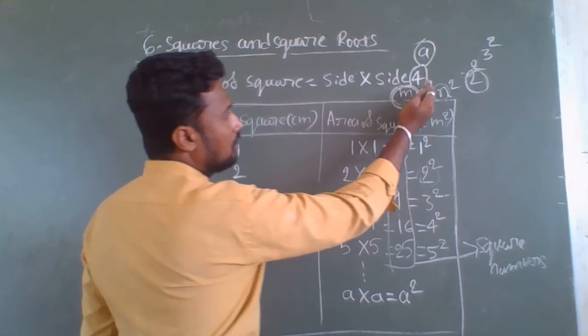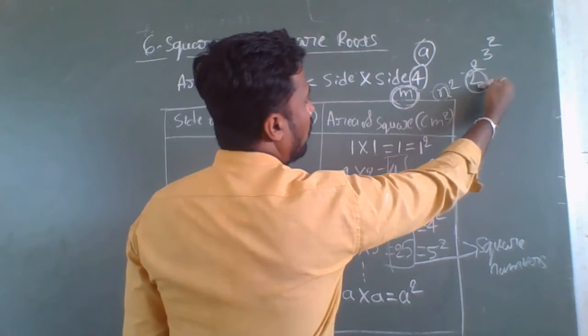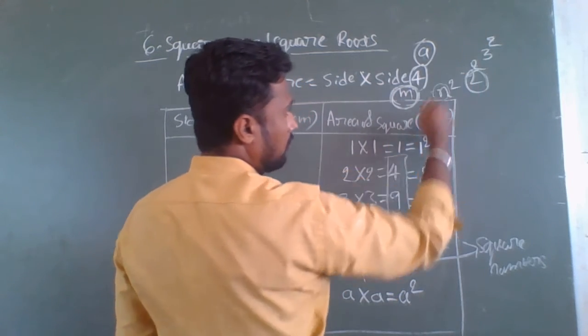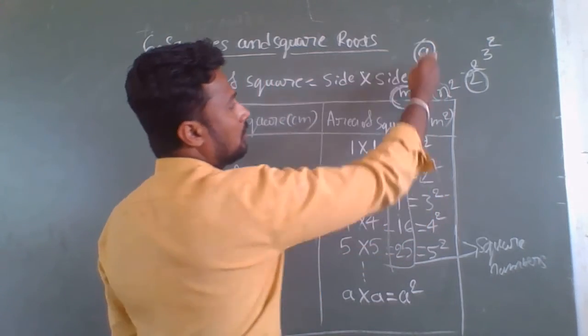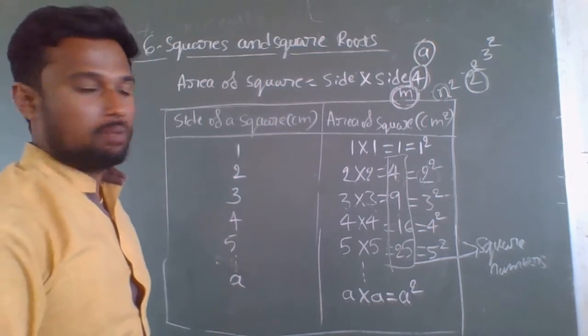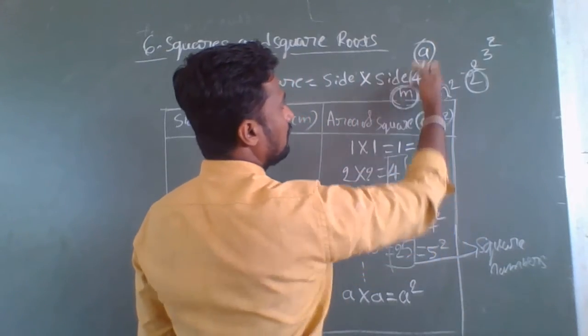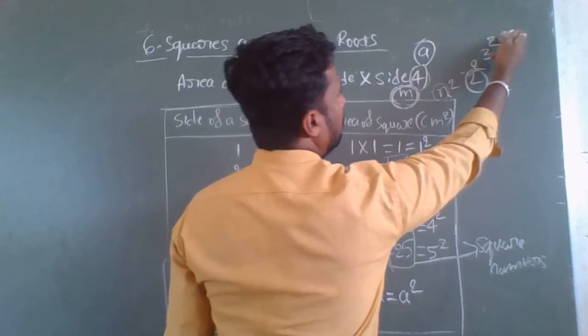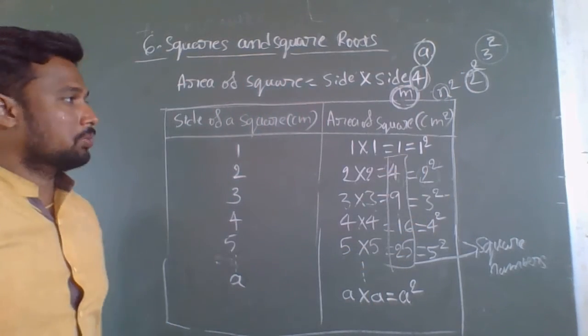For example, we considered 4 here. 4 can be represented in the form of n square, means 2 square. Therefore, 4 is a square number. Like this only, consider 9. You can represent this 9 in the form of 3 square. Therefore, this m value can be represented in the form of n square, so 9 is also a square number.